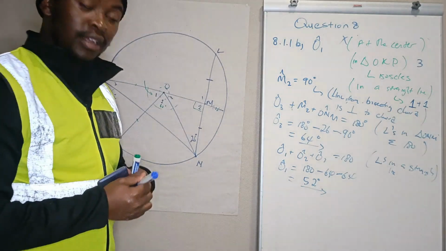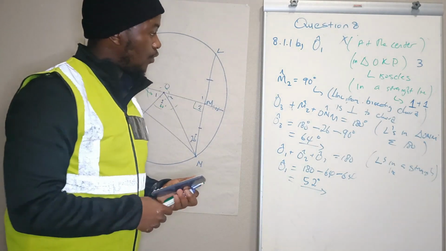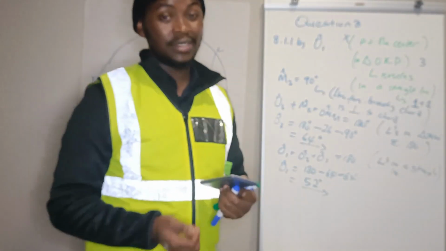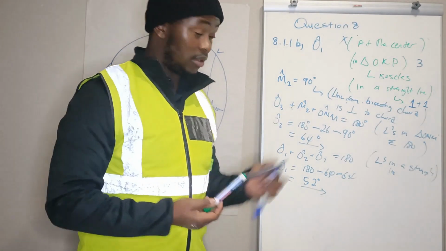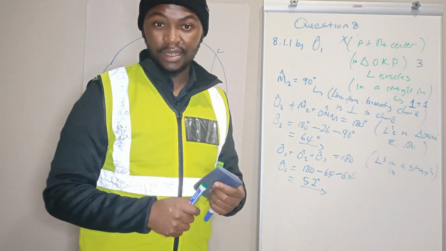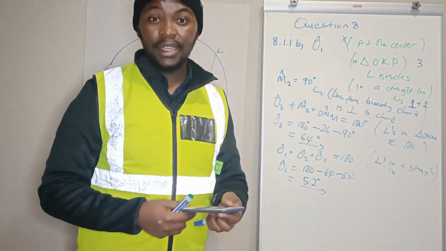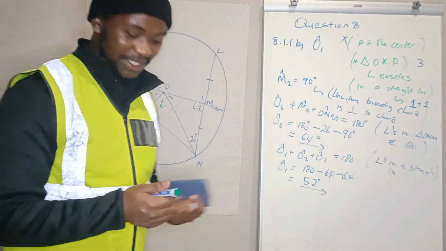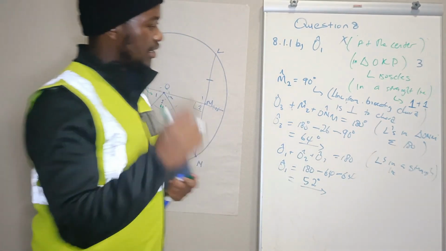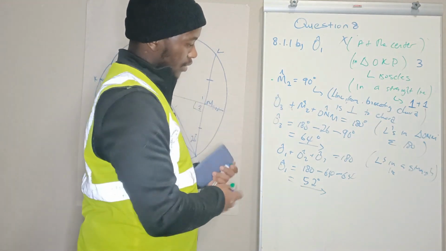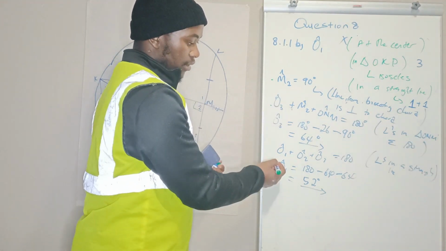All right. We've just calculated the value of O1. It's a tedious, long process, but I'm telling you, you'll be sure that you nailed these marks if you follow these steps. And of course, I forgot to mention, you see that we calculated three angles here: M2, then O3, then O1.